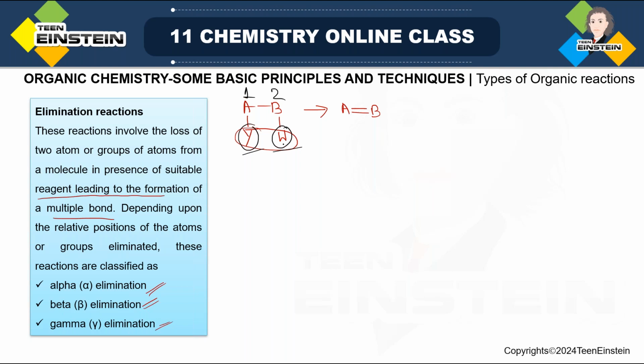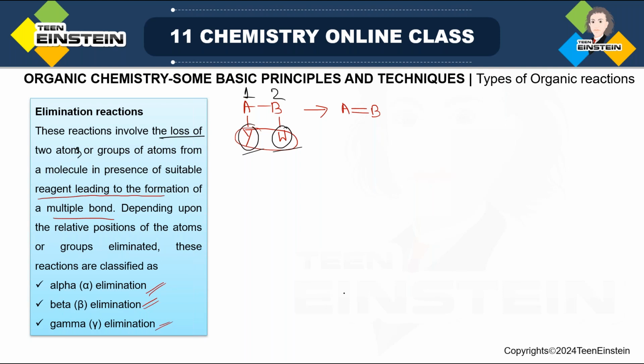So one by one we will see these three types of elimination. But the common point is that it will involve loss of two atoms or groups of atoms from a molecule, in the presence of some suitable reagent.